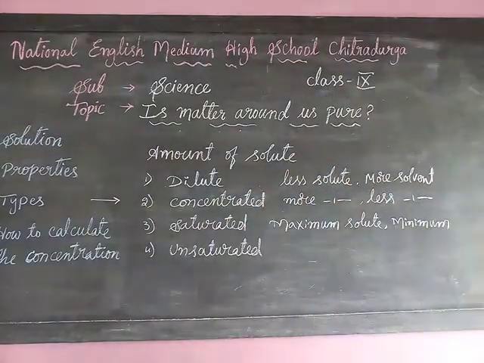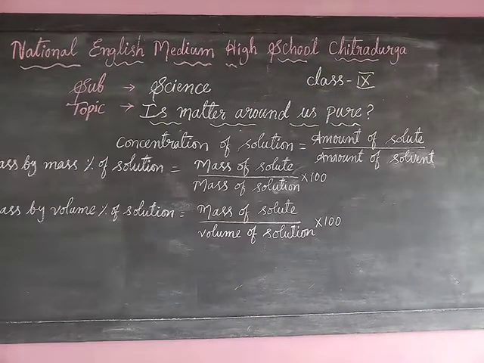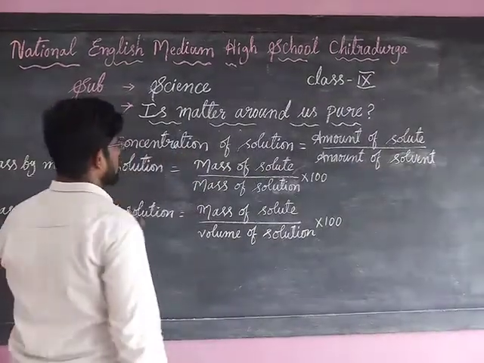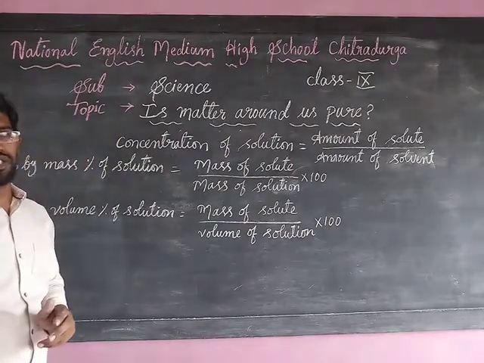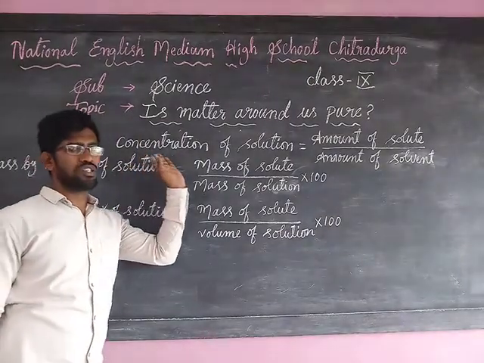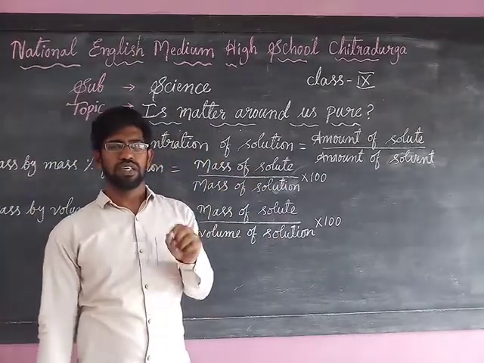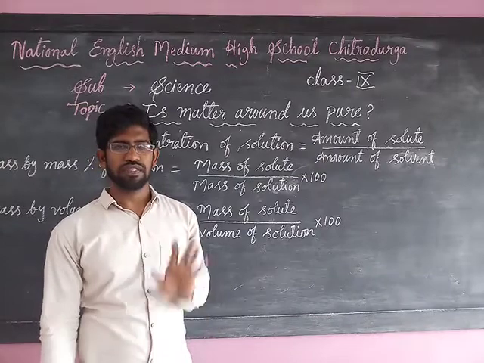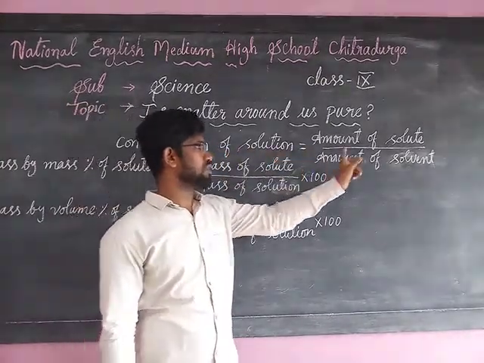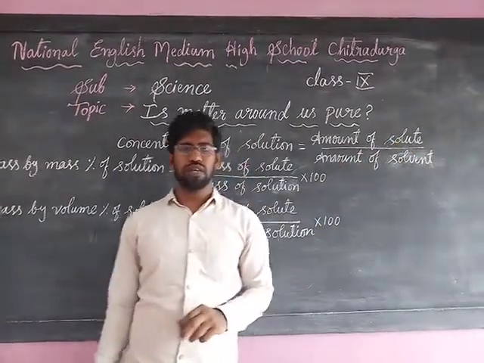The next one is how to calculate the concentration of a solution. The first formula: the concentration of a solution is the amount of solute dissolved in a given amount of solvent. So concentration of solution is equal to amount of solute divided by amount of solvent.